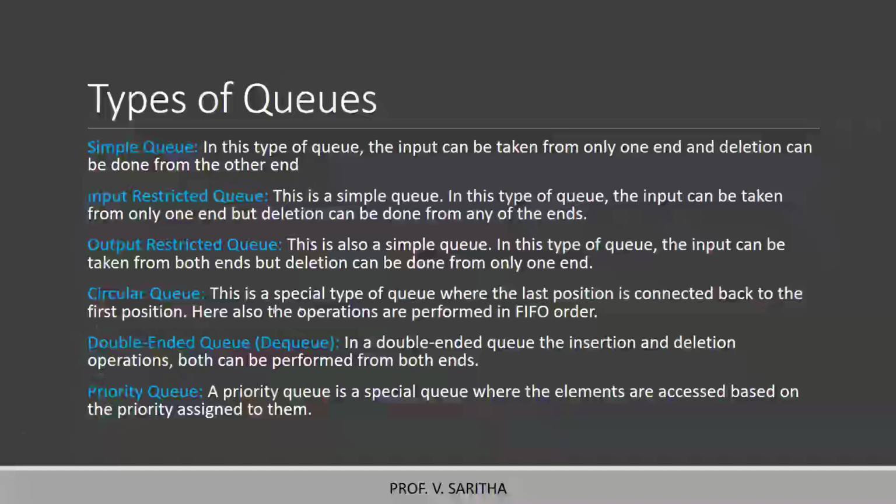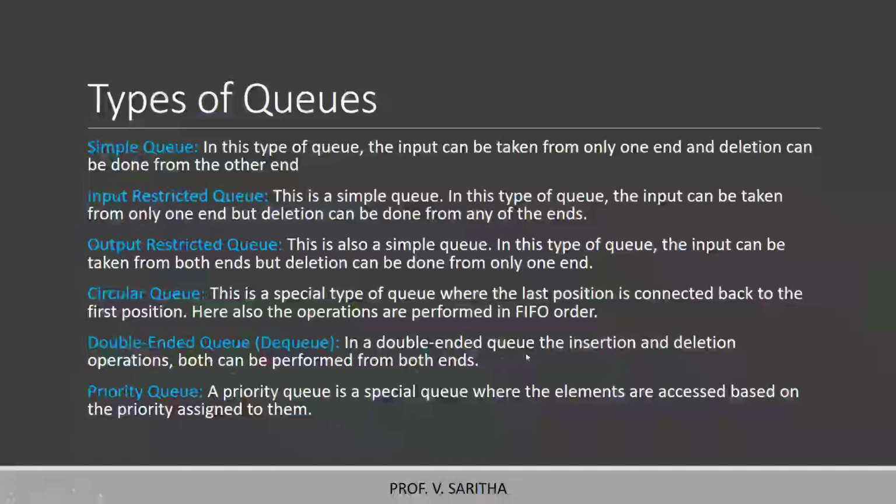Circular queue. This is a special type of queue where the last position is connected back to the first position, like a cycle. And here also the operations are performed in FIFO order, meaning the first in, first out principle will be followed even in the case of a circular queue. Then comes the double-ended queue.